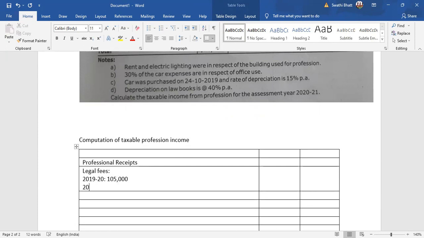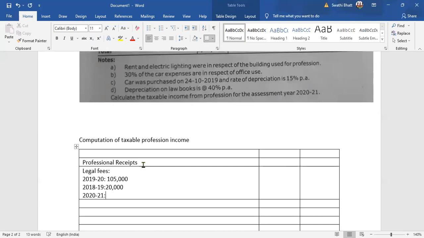Next, 2018-19, that is 20,000. And the third one is 2020-21, the amount is 6,000. You would be adding all of these, and the total can be written in the outer column. So 1,05,000 plus 20,000 plus 6,000 will be equal to 1,31,000.